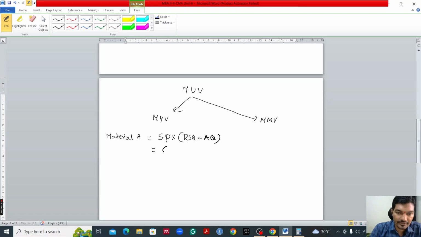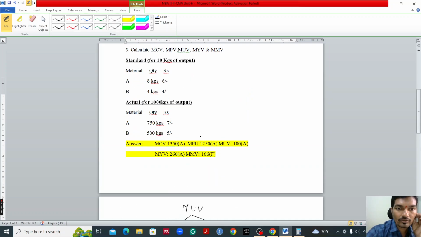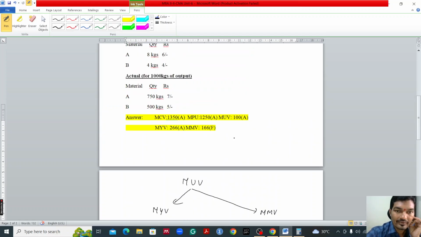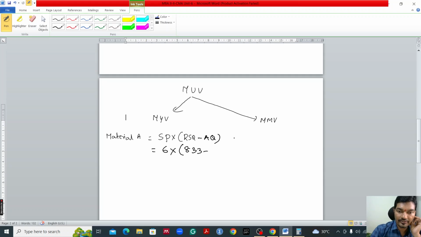The standard price is 6 rupees. According to the above sum, the standard price is 6 rupees. We calculated the revised standard quantity as 833 minus the actual quantity, 750 kgs. 6 into 833 minus 750.